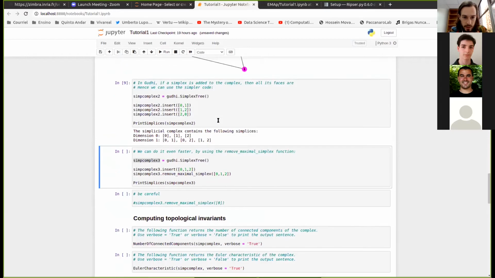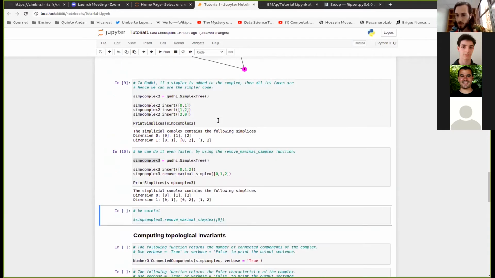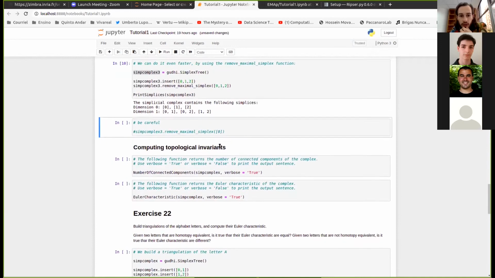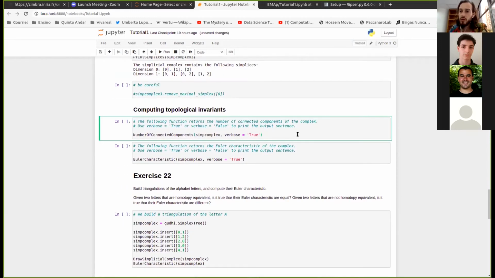And the last thing I want to show you. I wrote also for you two functions that allow you to compute invariants that we've defined before. The first one is number of connected components.